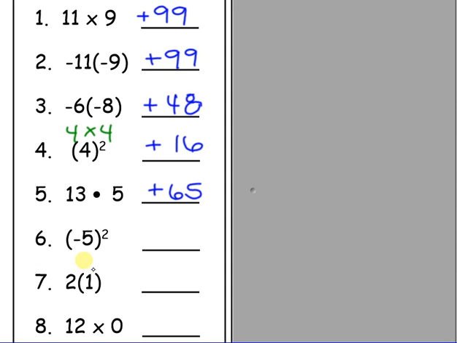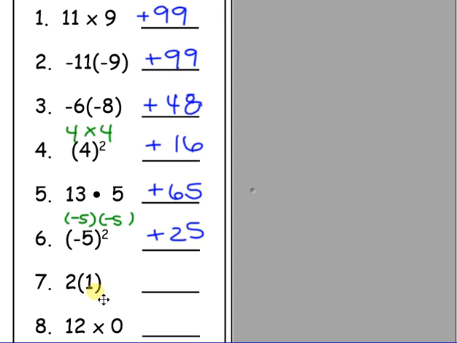Okay? Now I have here another exponent, and I want to show it to you. You want to make sure you expand it out. What this is saying is negative 5 times negative 5. And so what does that equal? Positive 25. And you'll see here how I use the X, and here I wrote parentheses to show them next door to each other.